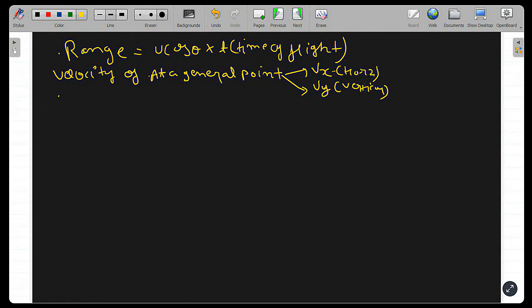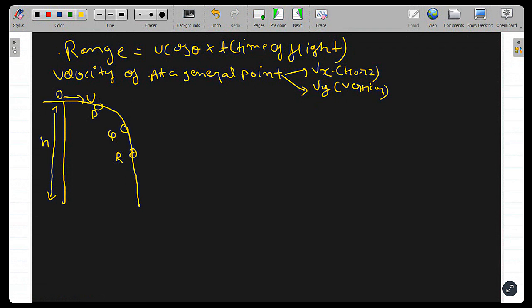Now if you imagine the motion of the ball, ये h हाइट है, this is height h. यहां से you have thrown the ball like this with u, so ball will follow a parabolic path like this.